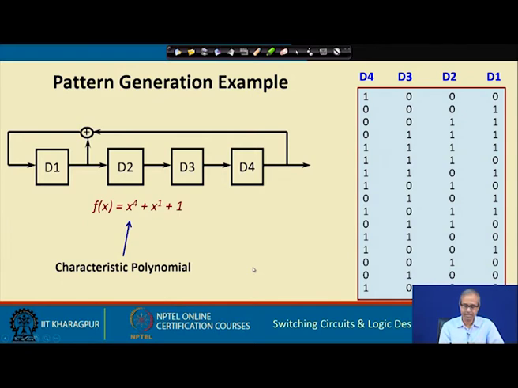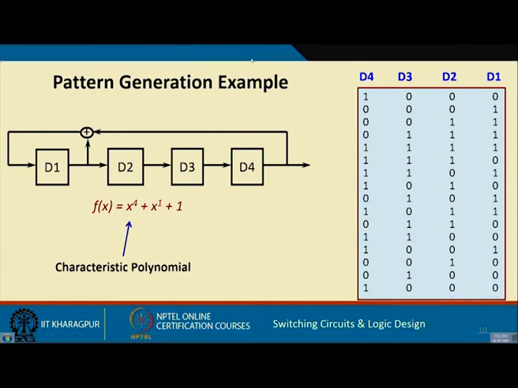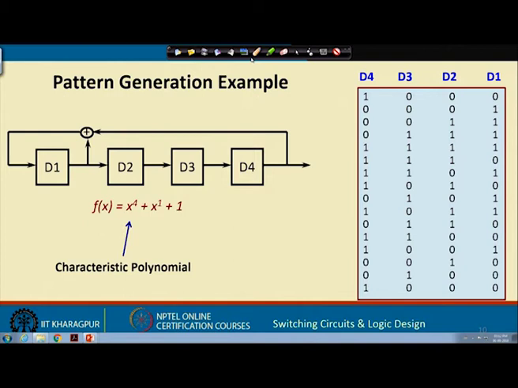Now, let us assume that this LFSR we initialize with 1, 0, 0 and 0. You see, just one point: if you initialize it with all 0, it will remain in the all 0 state, because exclusive OR of 0 and 0 is 0, so 0 will be fed back. It will never come out of 0, but let us say we feed it with 1, 0, 0, 0.